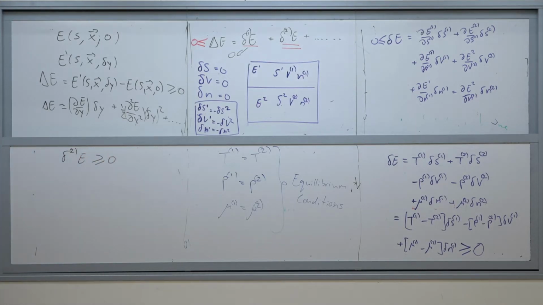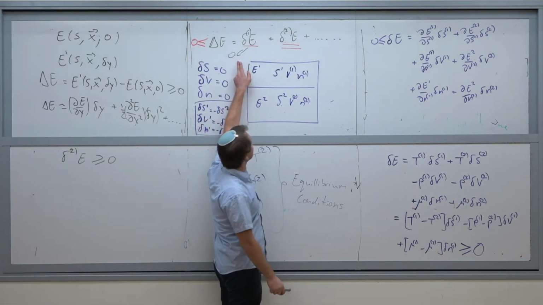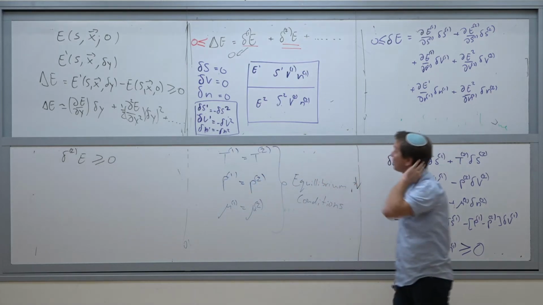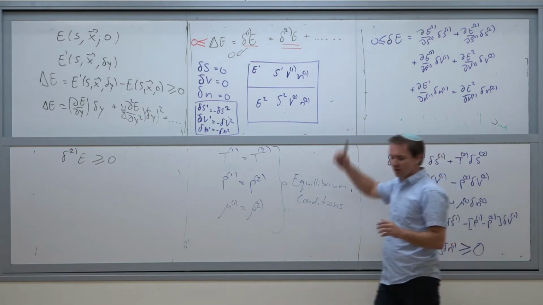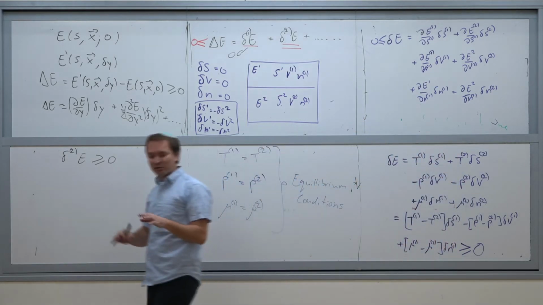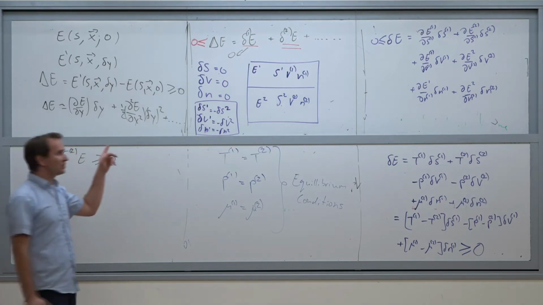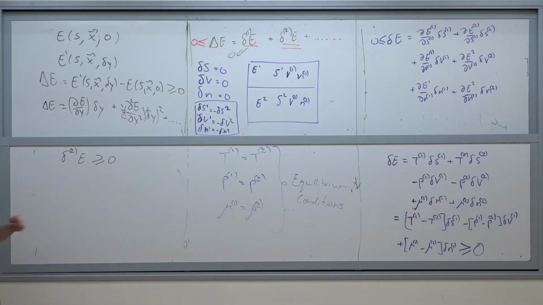If the first variation wasn't strictly 0, the conditions for the second variation would be somewhat arbitrary, and they would probably depend on the first variation. But since the first variation is strictly 0, we can exploit this fact, and we will see that it gets us some nice results.